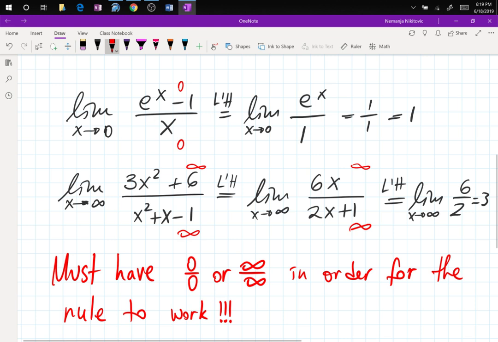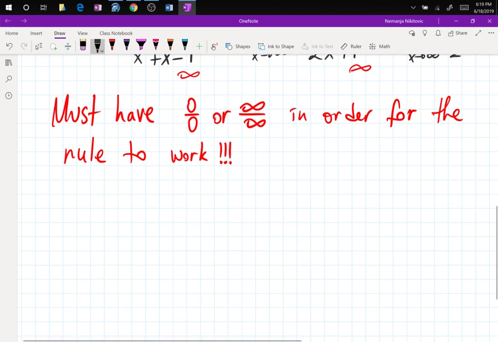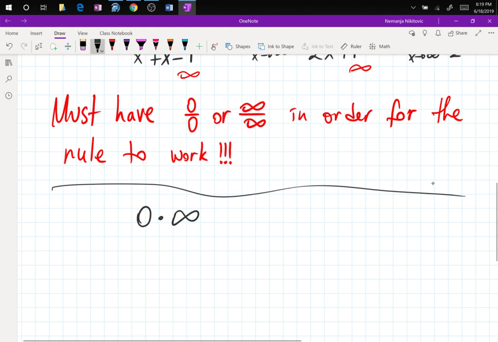We are done with L'Hopital's rule. There are variations now that we get to enjoy. Certain problems are going to have 0 times infinity. So we call that the 0 times infinity case.